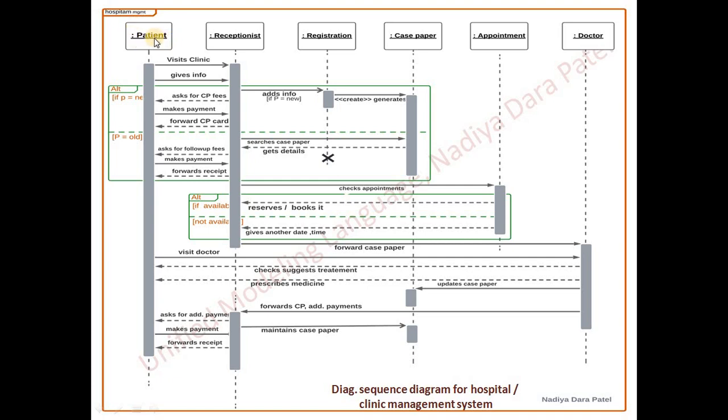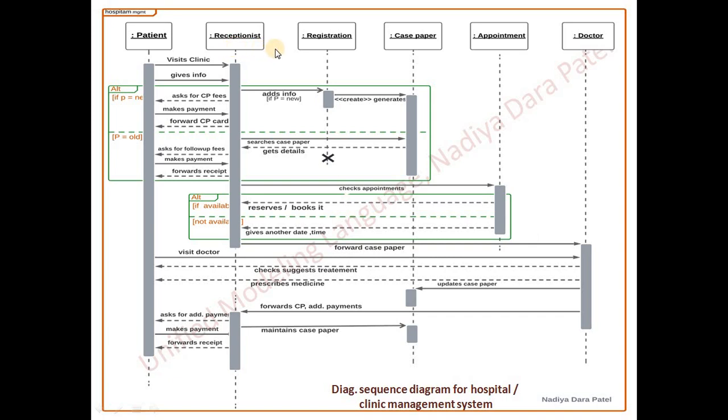As it is hospital management, I have picked up the important entities and important objects only. So according to me, patient should come first. First interaction of patient takes place with the receptionist, not directly with the doctor.